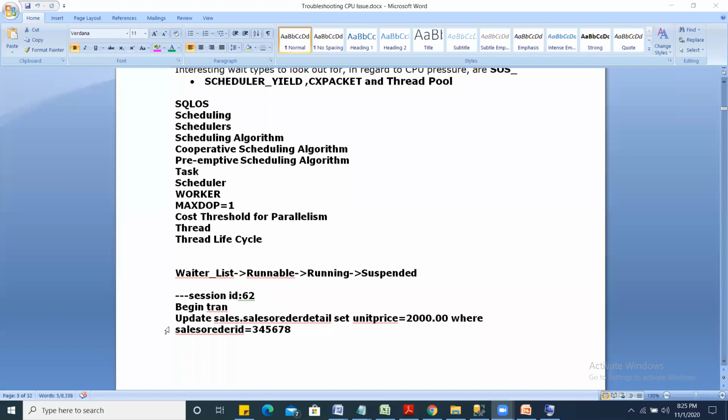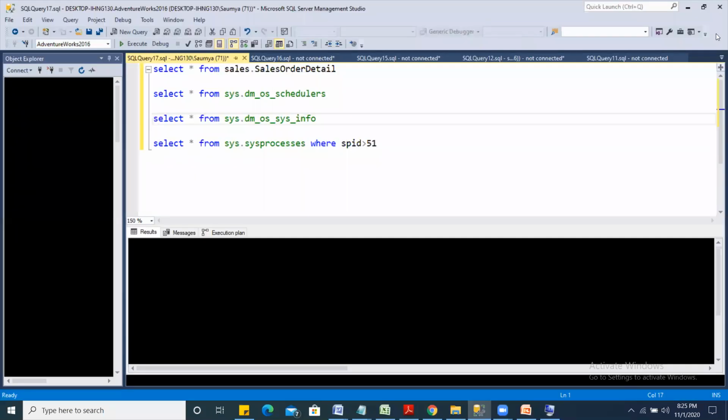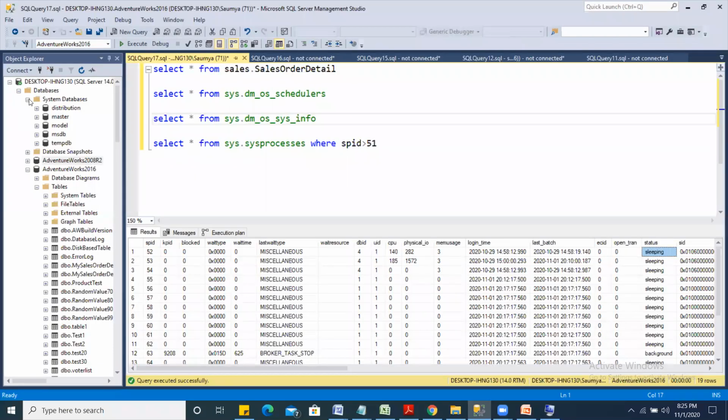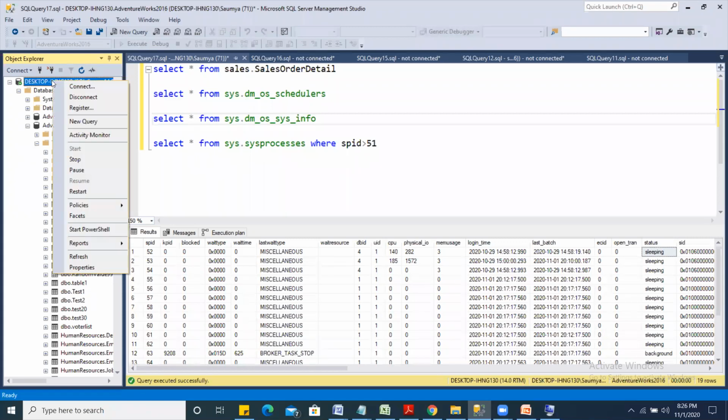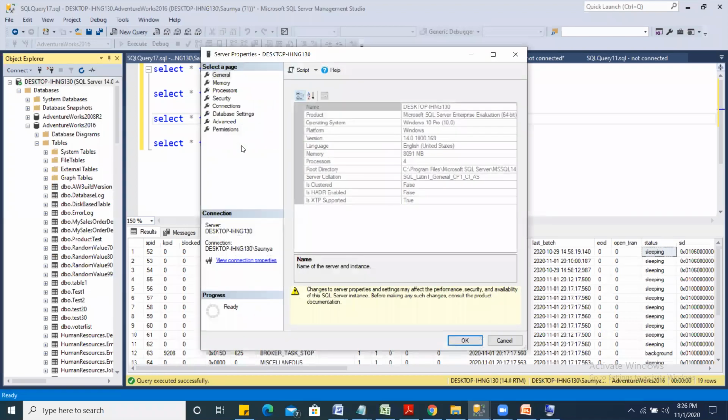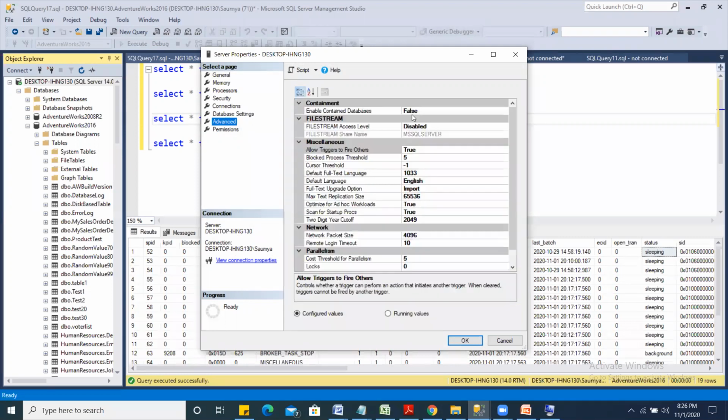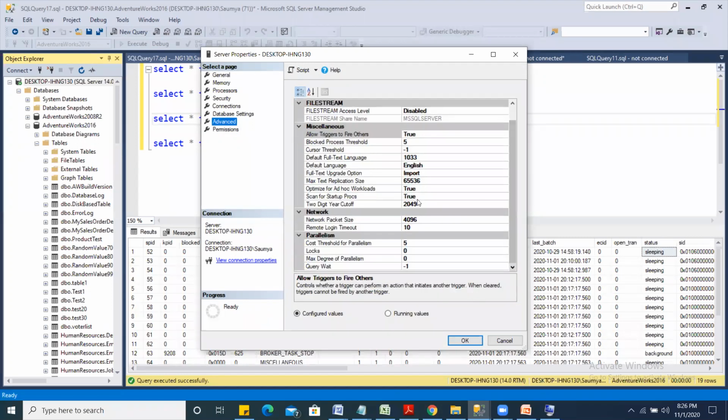Okay, so let us start to understand these two, max degree of parallelism and cost threshold of parallelism. I believe most of you know, but let us have some focus on this. Go to the server properties page, come to the advanced section, and here we have the max degree of parallelism and cost threshold of parallelism settings.